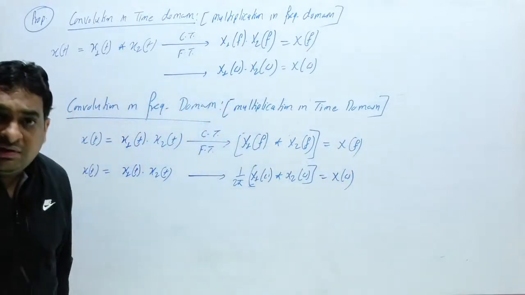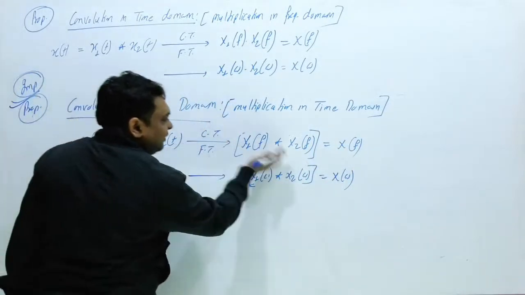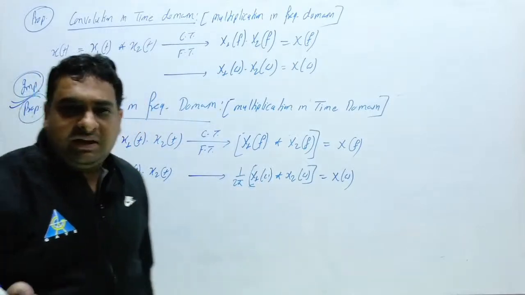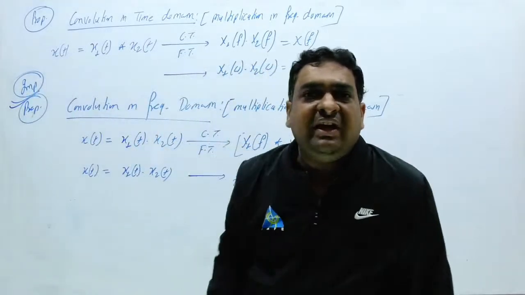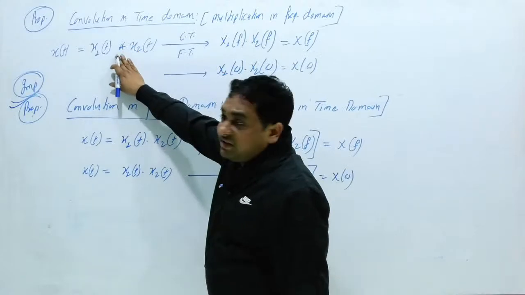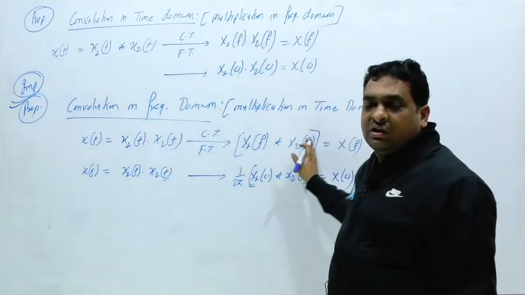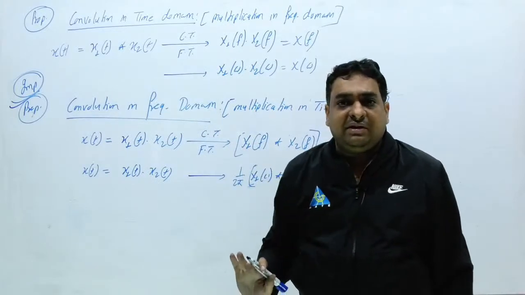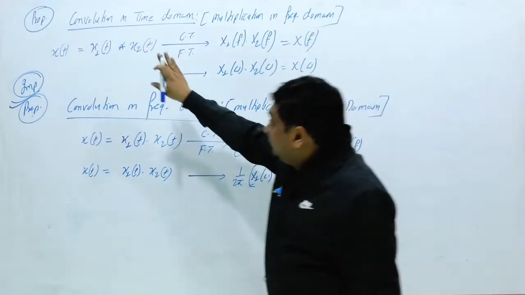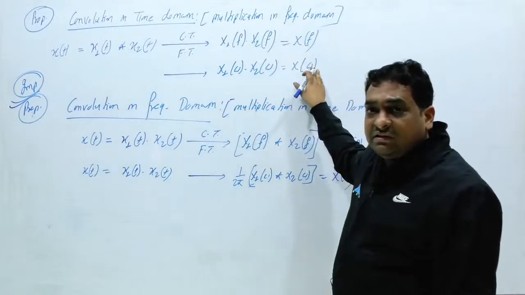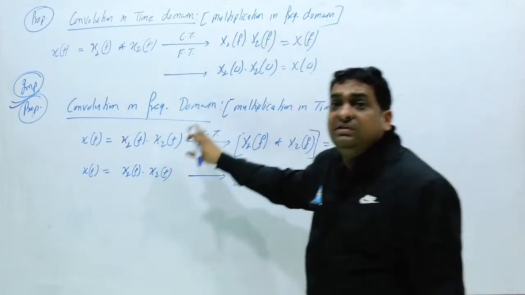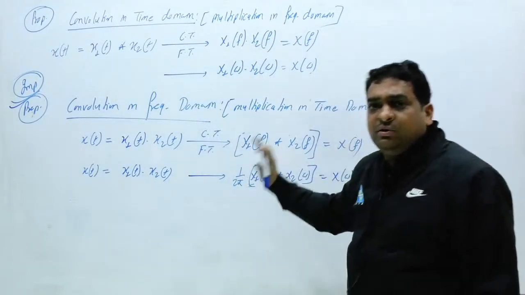So we have to concentrate on the frequency domain, meaning the f domain. You should remember it very easily. How? If this side is convolution, this side is multiplication. If this side is multiplication, this side is convolution, and no 2 pi term will be present. But in omega domain, if this side is multiplication, this side is convolution with the 1 upon 2 pi term.